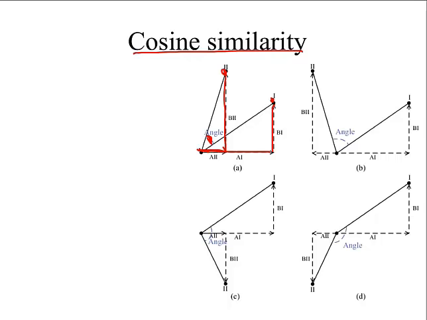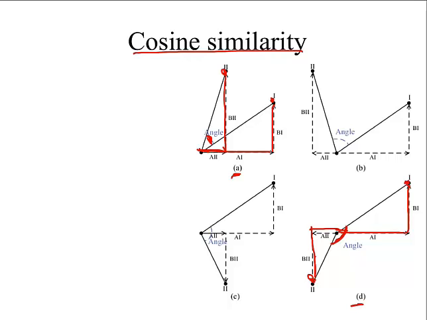At the same time, we can look at the diagram in D down here. A1 and B1 are pointing in these directions, which gives us point 1, but A2 and B2 are pointing in the exact opposite directions, which gives us this point down here. So this angle is very large, towards 180 degrees, which means they're in almost opposite directions.